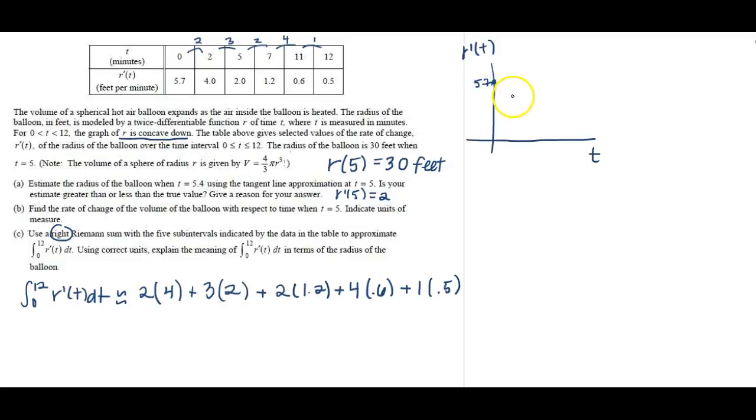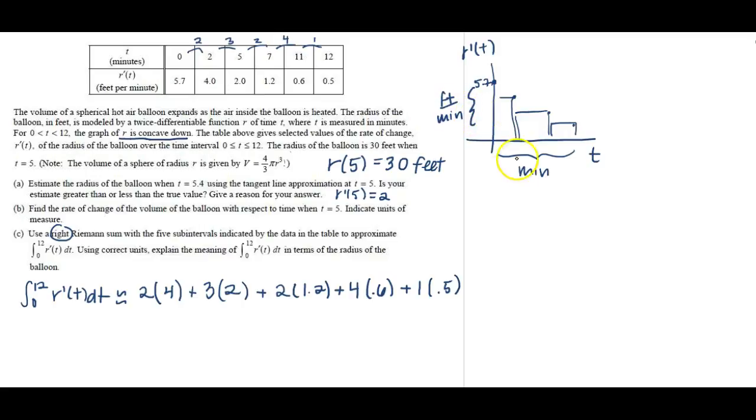So I'll just plot a couple of these values, 2, 4, 5, 2. This base here is in minutes, but these heights here are feet per minute. So this is already a rate. And so I'm finding the area using right endpoints. So I'm finding this area here of these rectangles.